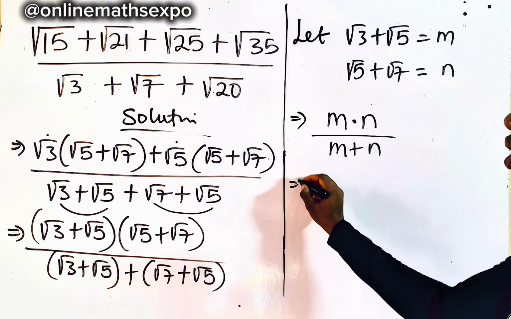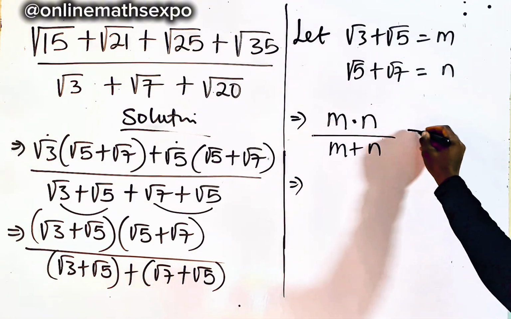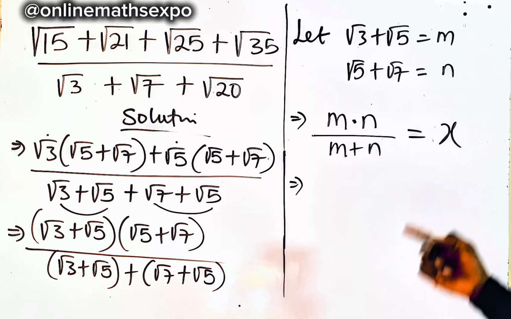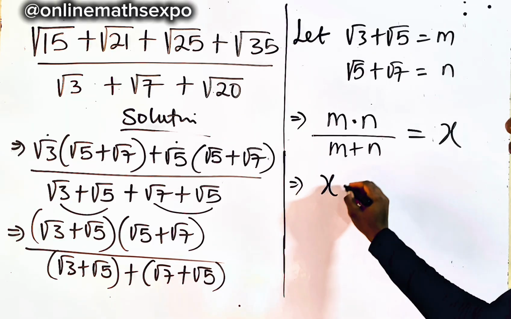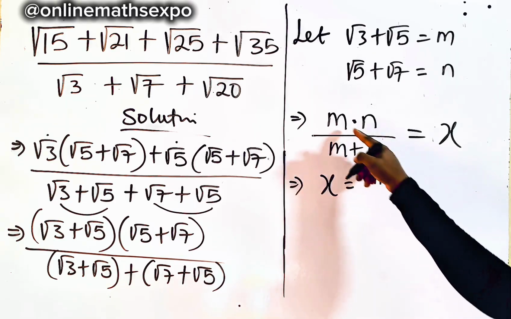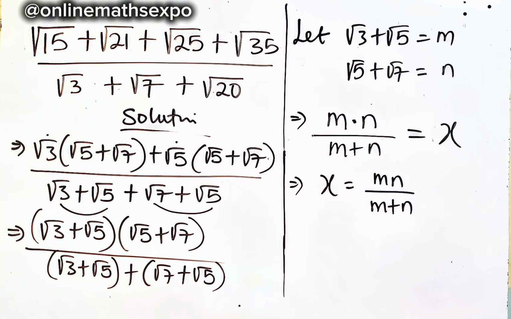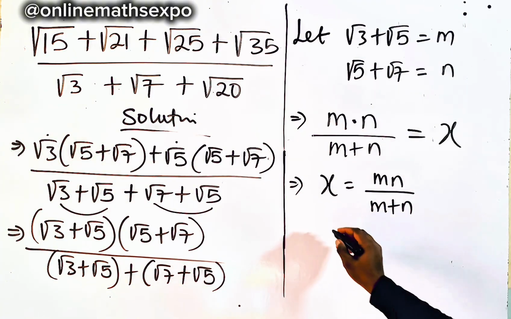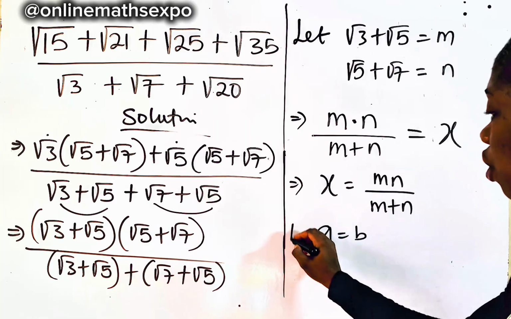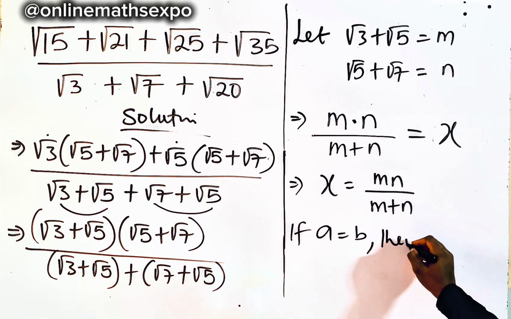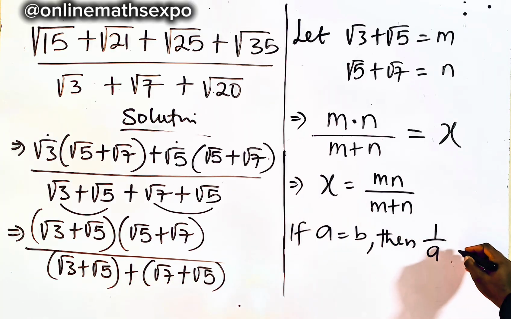Now we can also say, let this be equal to x. So in that case, it means that x is equal to m multiplied by n divided by m plus n. So what we do is, remember that if a is equal to b, then 1 over a is also equal to 1 over b.